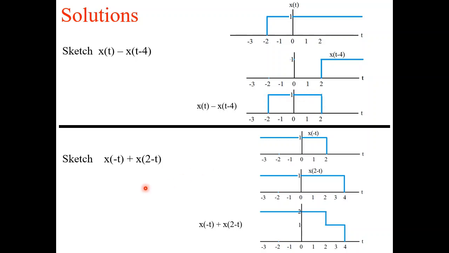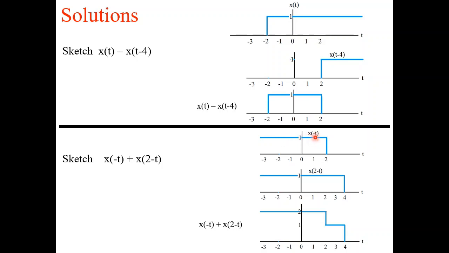The next one is maybe a little more tricky. We're supposed to sketch x of minus t, which I sketched right here, and then add to that x of 2 minus t. The way to do this is to sketch these two signals and overlay them, one over the other, so that we can add them. This is x of negative t.